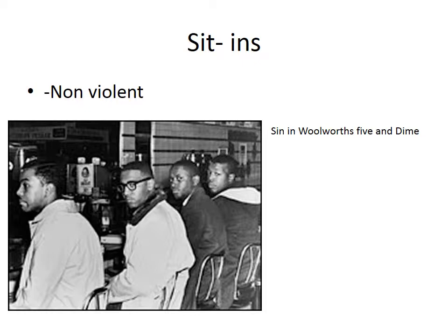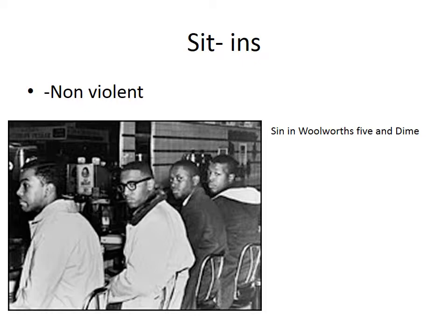One method would be with sit-ins, and you need to know what a sit-in is. A sit-in basically is people would come to a particular place, let's say Woolworth's counter, the 5 and dime lunch counter in Greensboro, North Carolina, and they sit down. They're not throwing fists, they're not doing anything but just simply sitting, asking to be served.